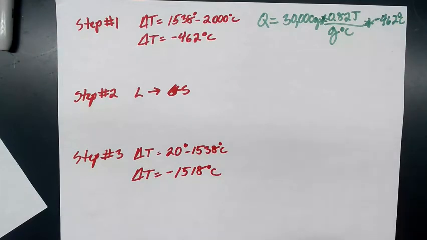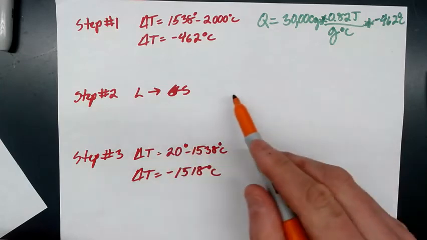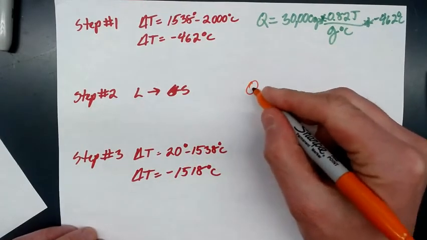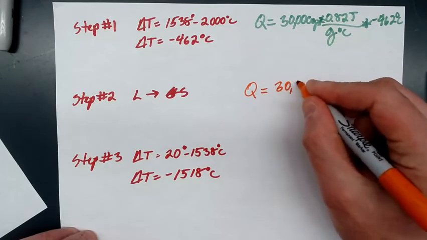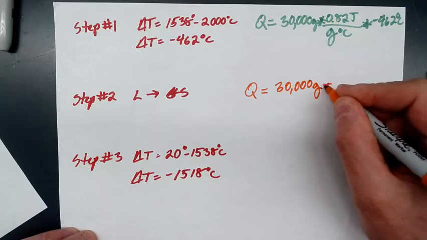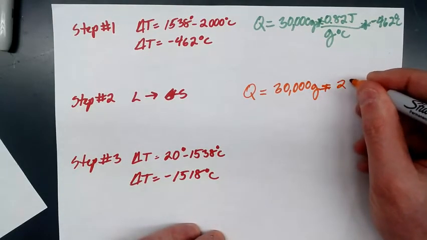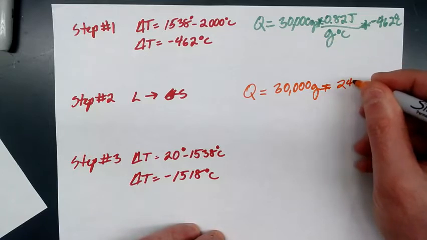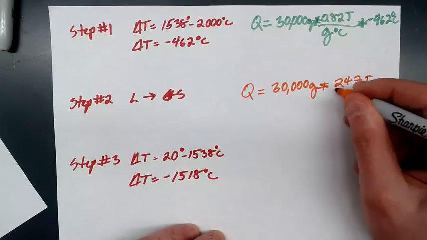And then we're going to take a look over here. So what is this Q going to be? This Q is going to be the mass of 30,000 grams, and we're going to multiply that by the heat of fusion, which is 247 joules per gram.